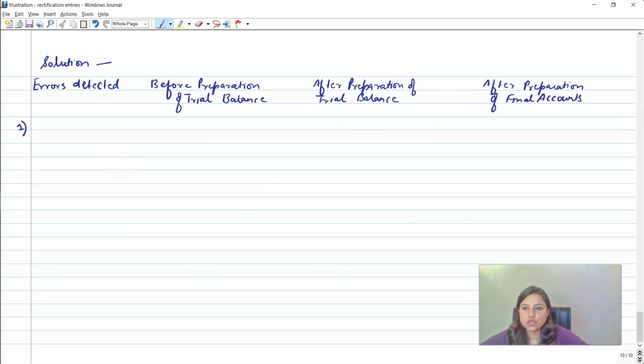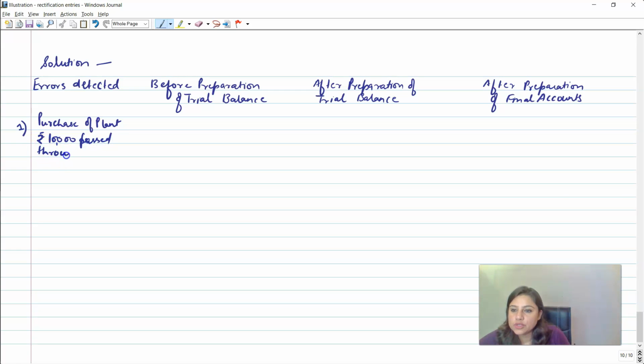So now starting with the solution. The first error that has been detected in the books of accounts is that the purchase of the plant worth rupees 10,000 has been debited to, wrongly passed through, the purchase account.